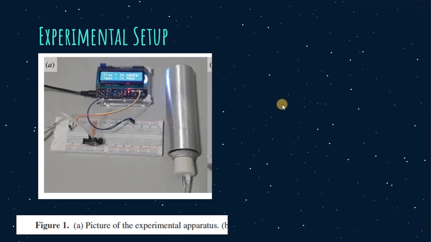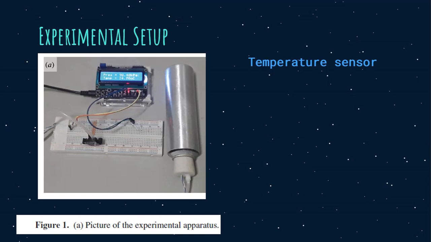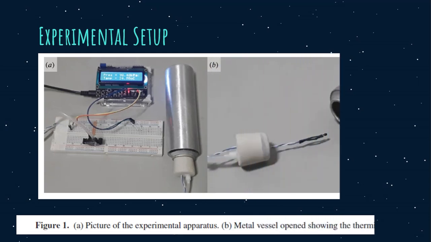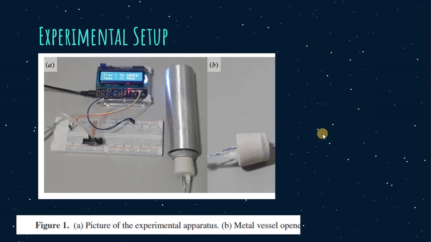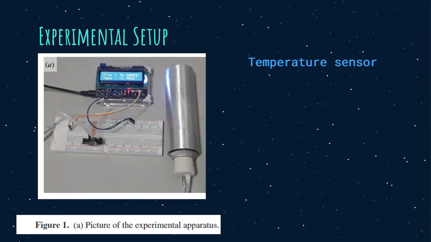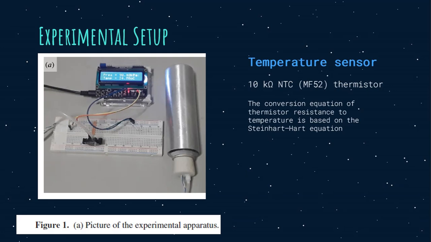For the temperature sensor, they placed two types of sensor here. If you can remember, two types of sensor. There's one here, and there's another. The first one, the thermistor, is the temperature sensor, specifically the 10 kilo ohm NTC MP52 thermistor.